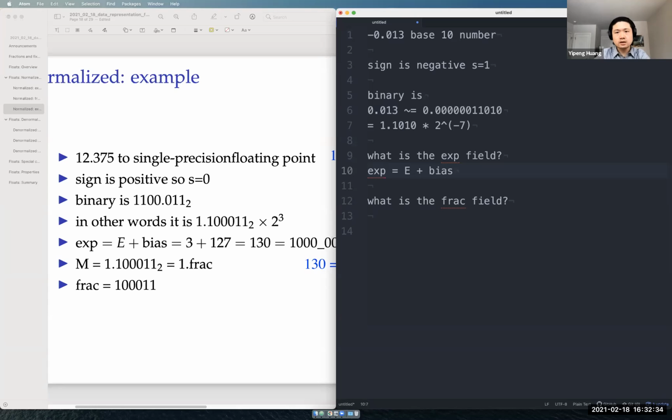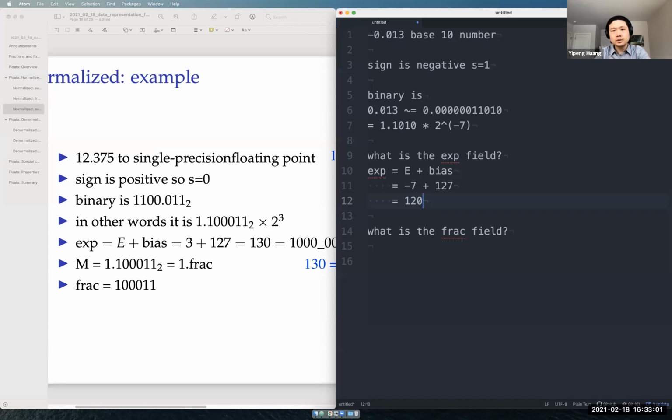The EXP field is calculated from the E plus the bias, where E in our number now is a negative number. So our E here is -7 plus the bias for single precision floating point numbers, which is 127. And so in the EXP field, we will record 120.